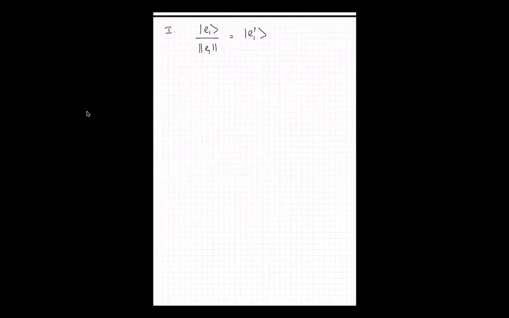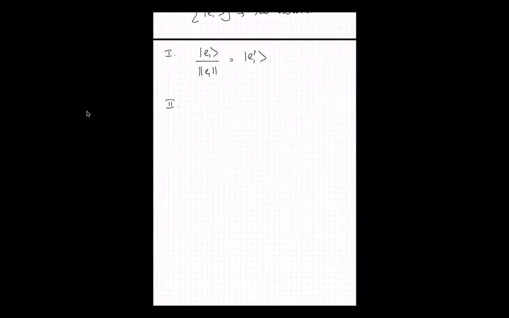The second step is to take the second vector and subtract off all components of the second vector that lie along the direction E1 prime. To do that, I have to take the dot product with E1 prime. Okay. Then I would have to normalize this to get E2 prime.